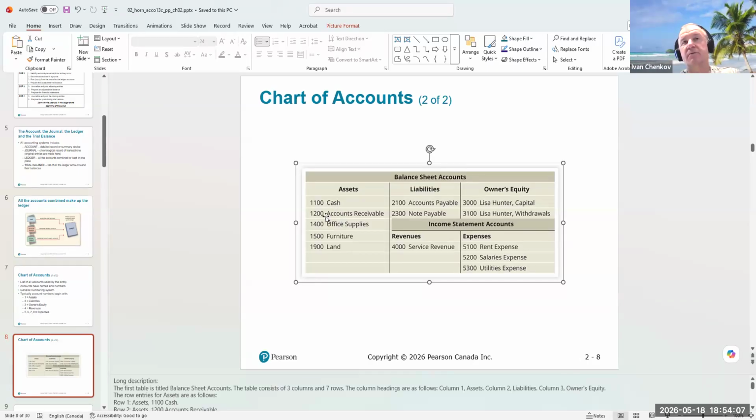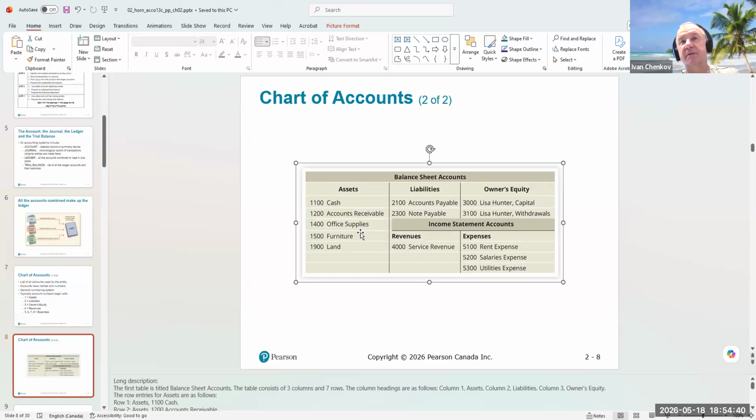I can go that direction, or I can have 1101 TD Bank, 1102 Royal Bank, 1103 some other bank. Or you can go with 1110 TD Bank, 1111 TD Bank Canadian dollars, 1112 TD Bank US dollars, 1113 TD Bank some other currency.